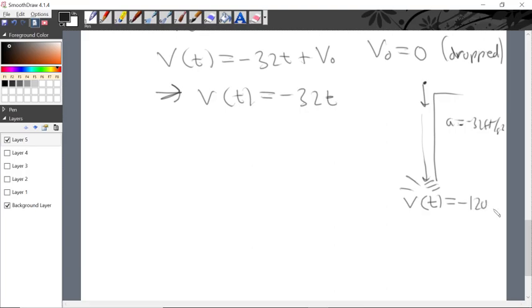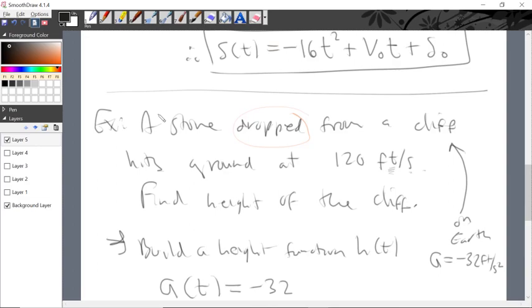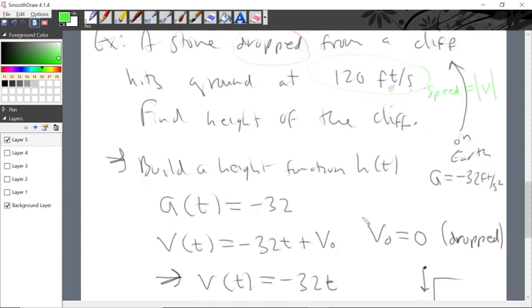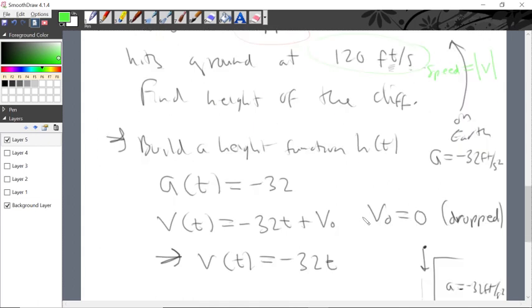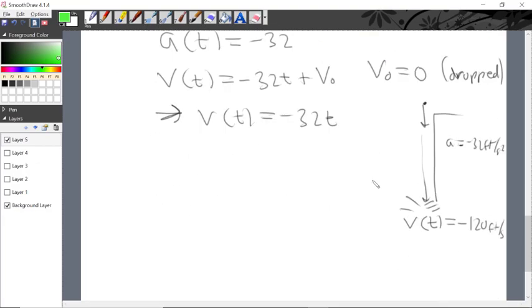So the information of 120 feet per second is interpreted then as a speed. Recall that speed is the absolute value of velocity. And again, we could have set this up with a positive velocity of positive 120, and we would have used a positive 32 as well, if we were just talking about the distance the object traveled. We could set it up that way.